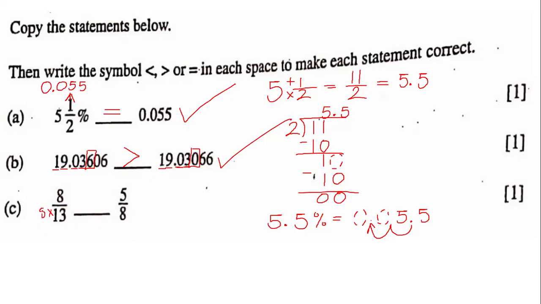So I'll multiply this one by 8, and I'll multiply this one by 13. 5 times 13 is what? 65. Very good. And 8 times 13 is what? 104.